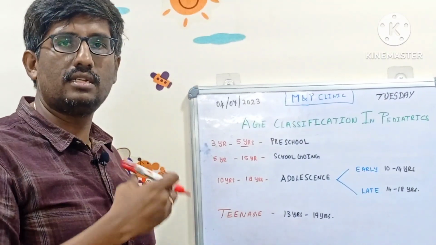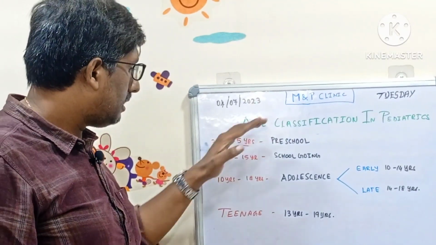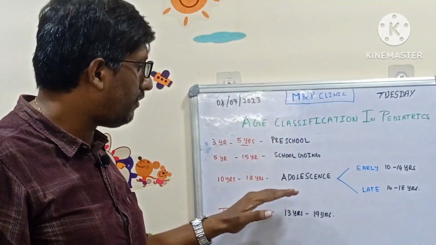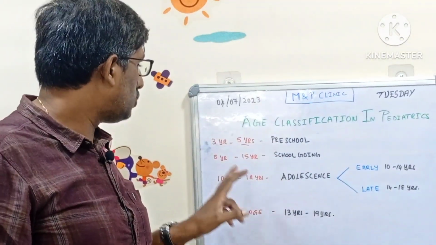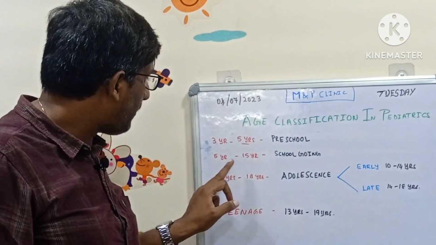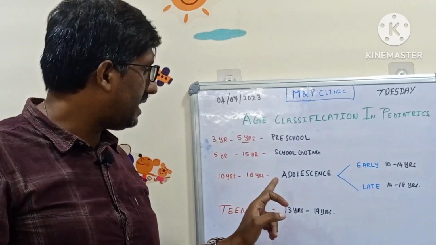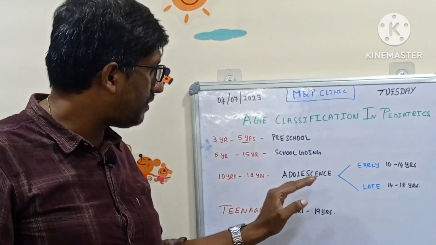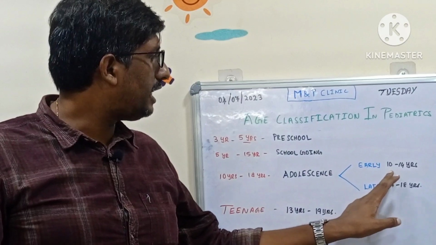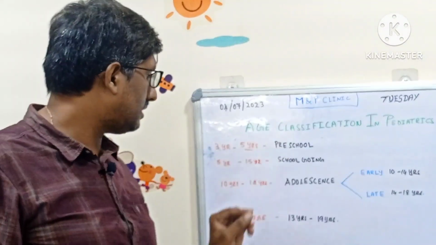So you will understand this later when you come into proper pediatrics, but this is the significance of classification of age group. From 3 to 5 years it is called the preschool child. From 5 years to 15 years it is called school going. From 10 years to 18 years it is the adolescent period, which is further subclassified as 10 to 14 years as early adolescence and 14 to 18 years as late adolescence.